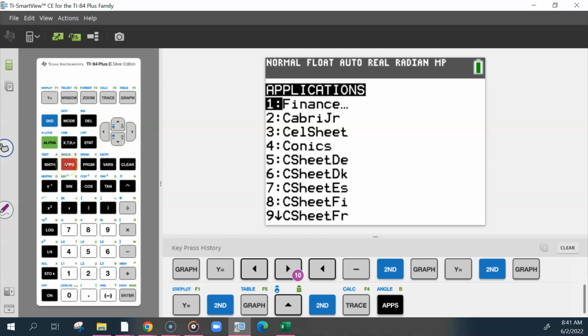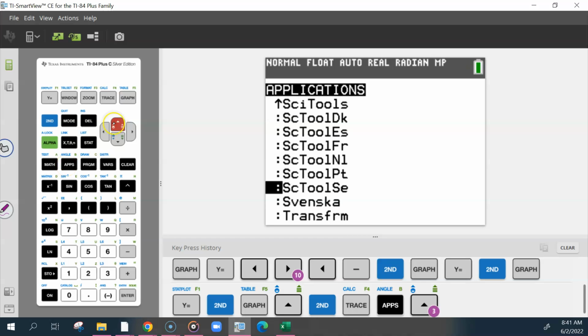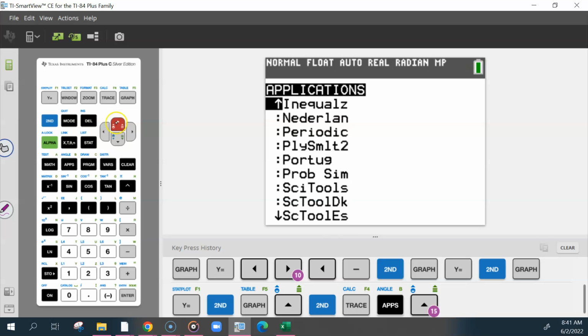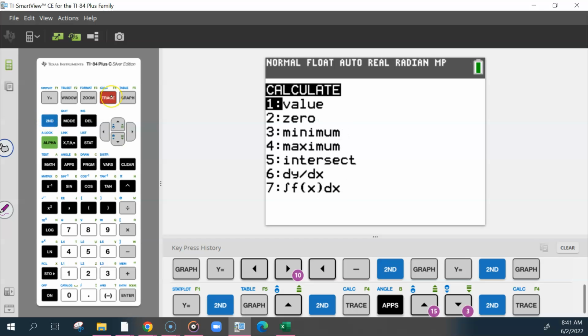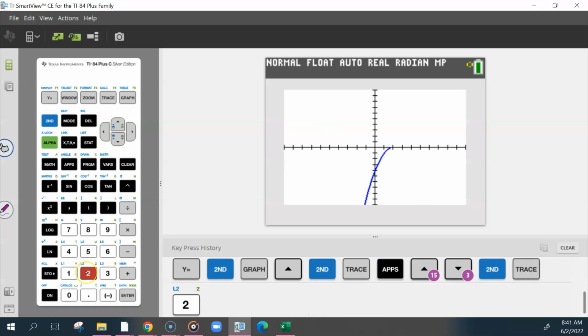With the app, you put in your coefficients. The second trace is just finding your zeros on your actual graph itself.